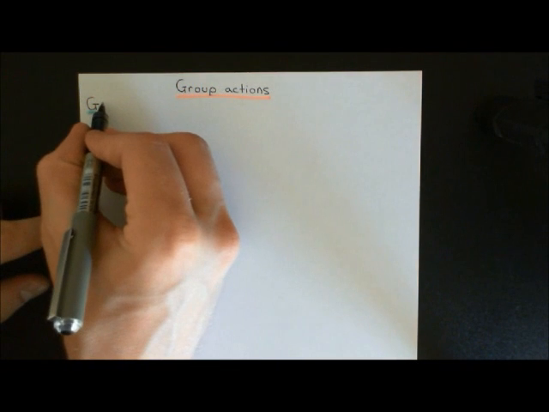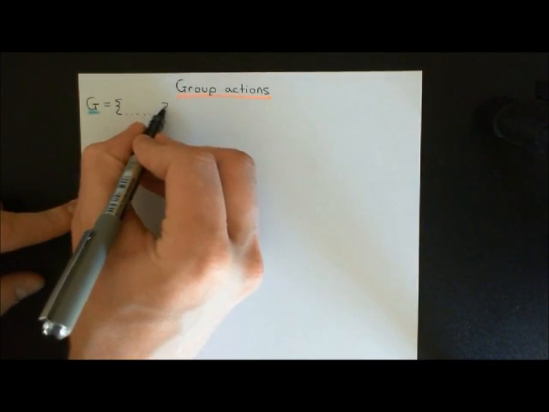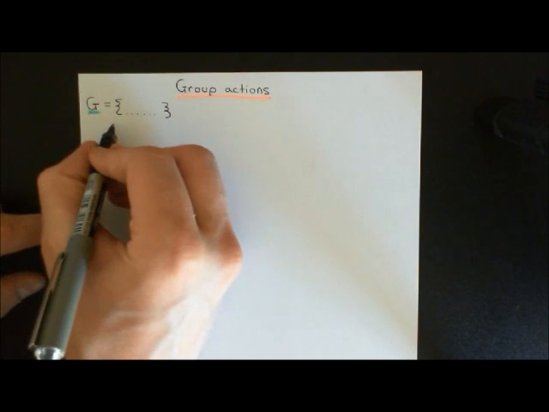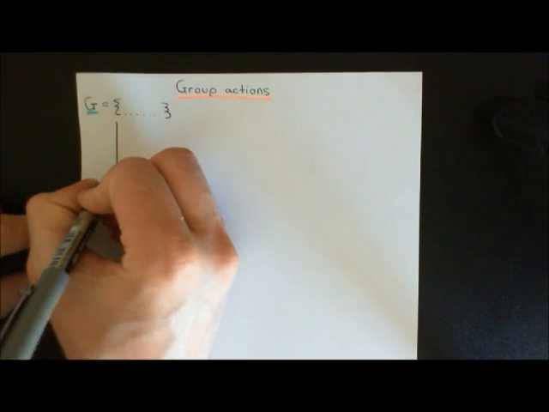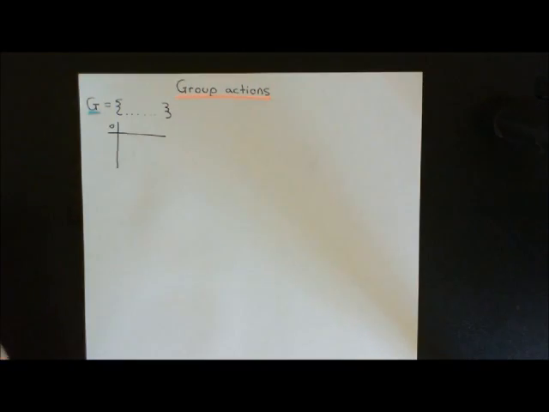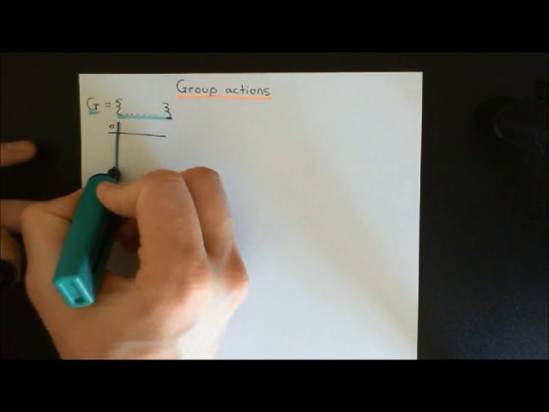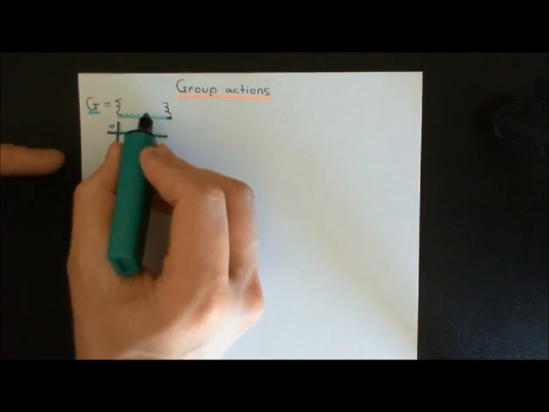This will be a set of symbols, so I'll draw the set of symbols here, and of course it has a composition law defined on it, so I'll put its composition table here.